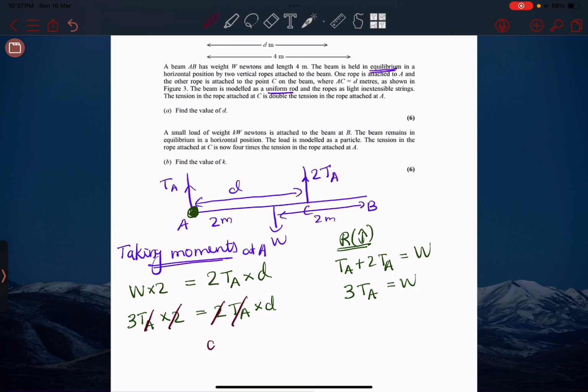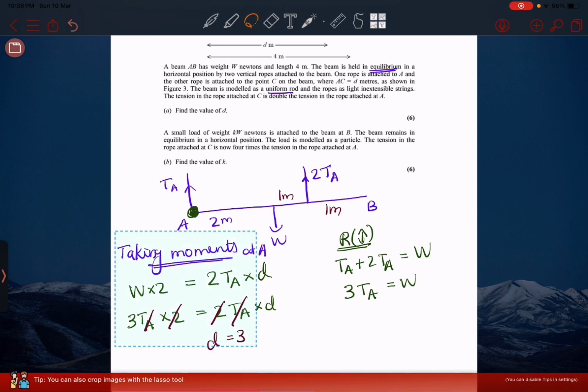That means D is equal to 3 meters. So this distance is 3 meters, and this is 1 meter and this is also 1 meter. So D is equal to 3, and that is part A.